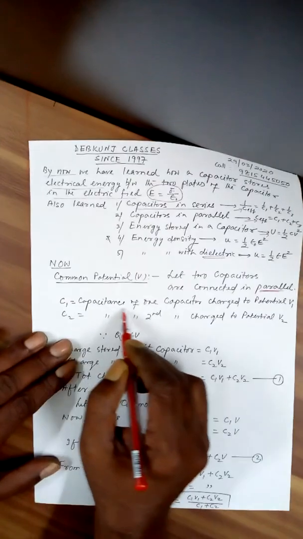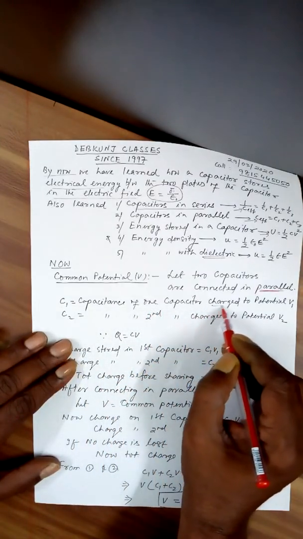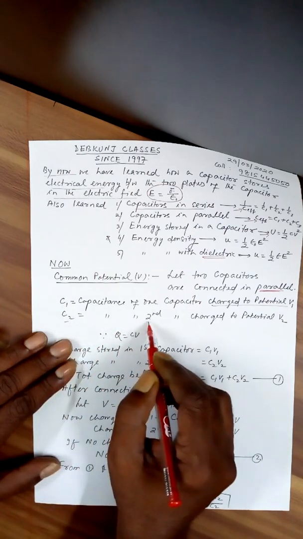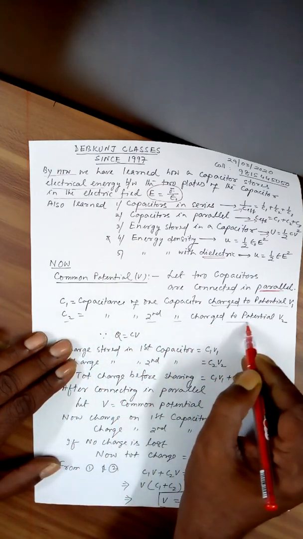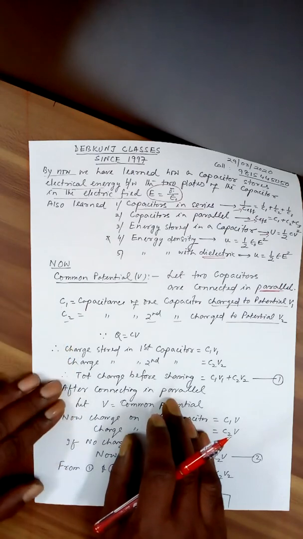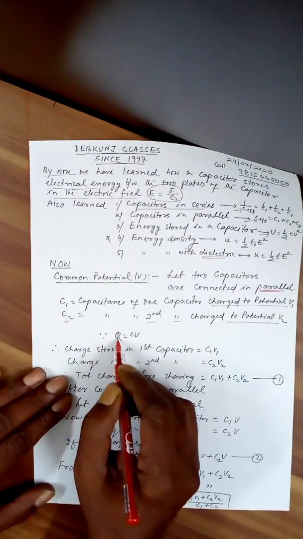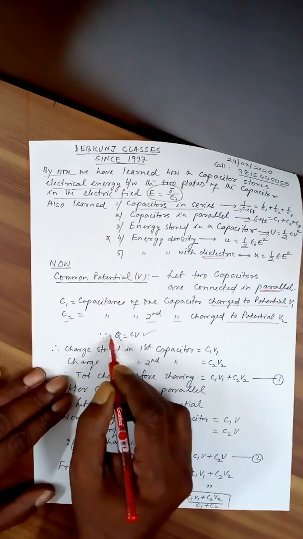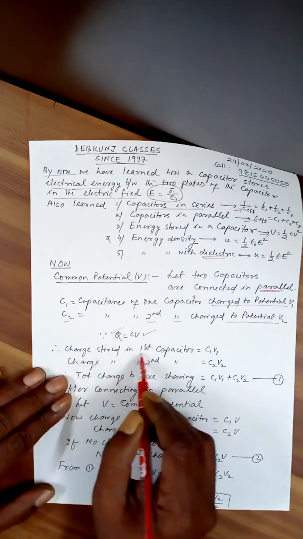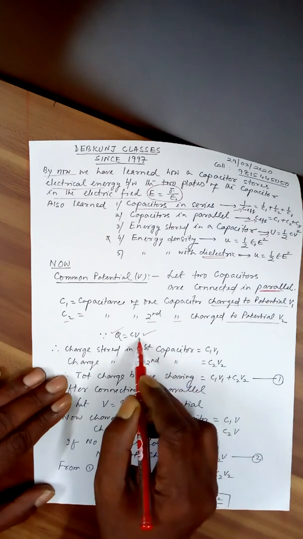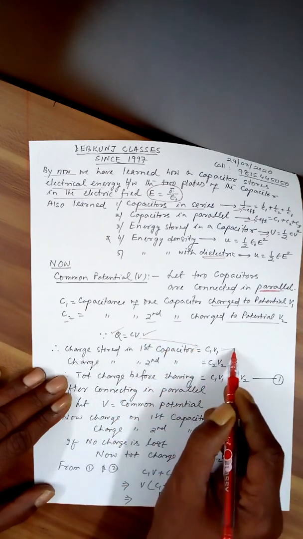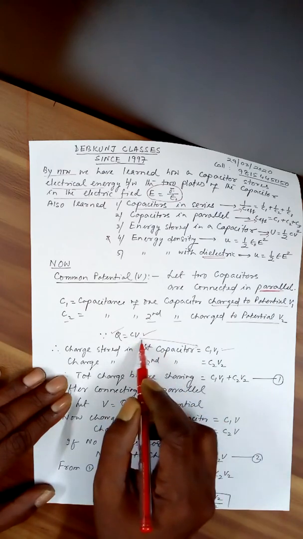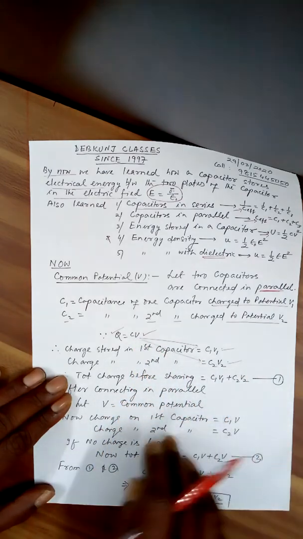Let C1, capacitance of one capacitor, be charged to a potential V1, and C2, capacitance of the second capacitor, charged to potential V2. And since charge stored Q is equal to CV, which was derived previously, therefore using this formula, charge stored in the first capacitor will be C1 V1, and charge stored in the second capacitor will be, using the same formula, C2 V2.